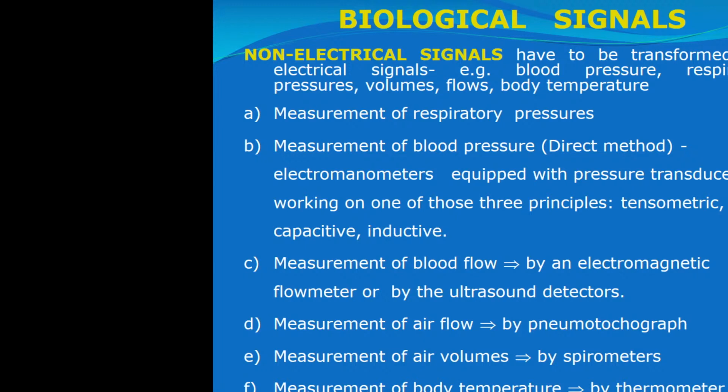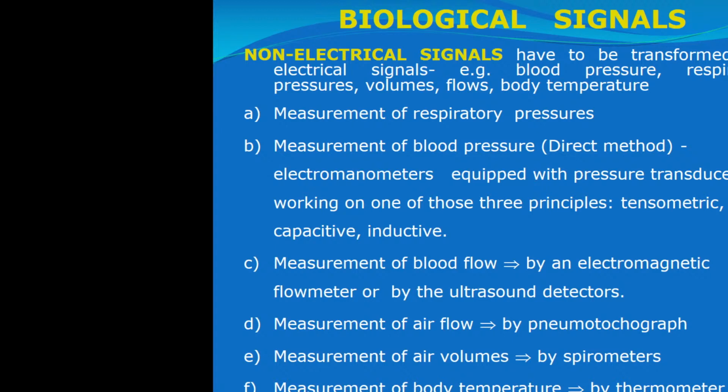by using electromanometers equipped with a pressure transducer working on one of three principles: tensometric, capacitive, inductive. If we need to measure blood flow, we should use an electromagnetic flow meter or an ultrasound detector.